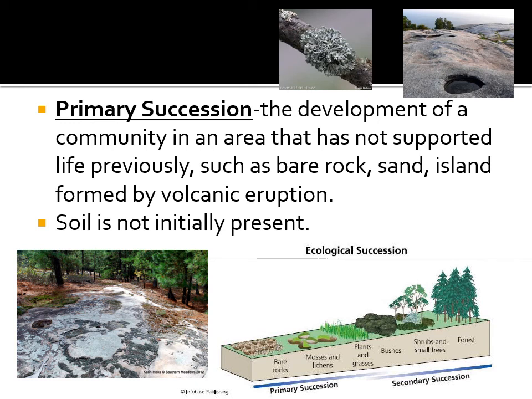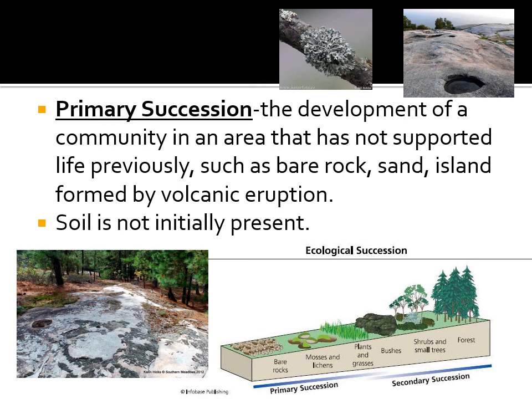So let's say that we get a new island formed by a volcano. We don't really have soil on it yet. We just have this volcanic rock. Eventually, that rock will get broken down. It might get some mosses and some lichens, which are fungi and algae that kind of live together. Might get some small organisms like that to start to break down those rocks. Eventually, it might form some soil where we get some very simple plants that will come about, like grasses and weeds.